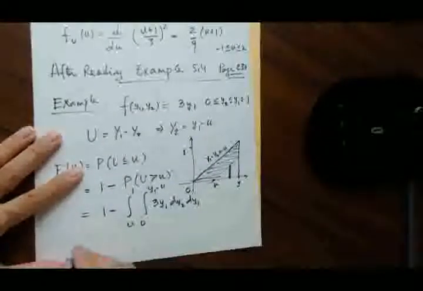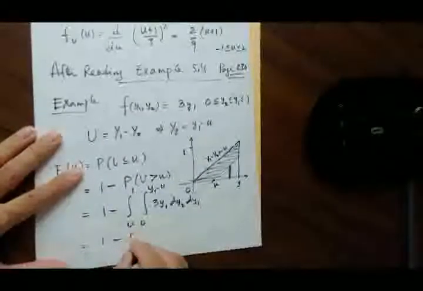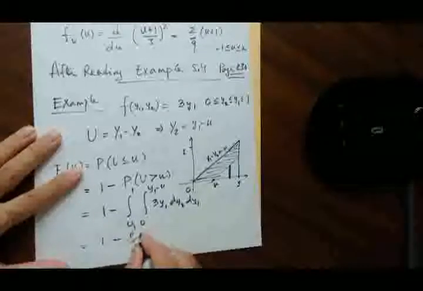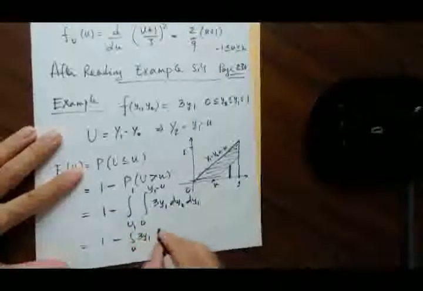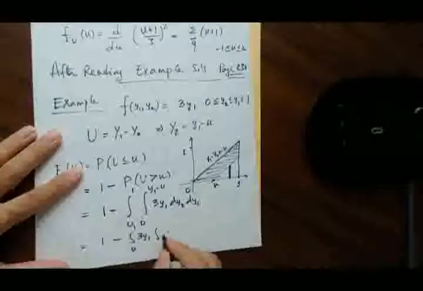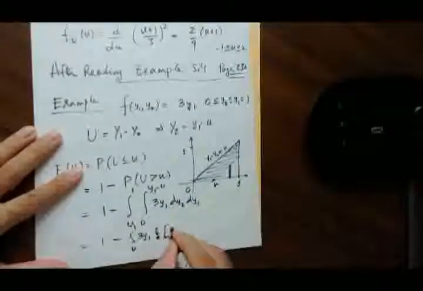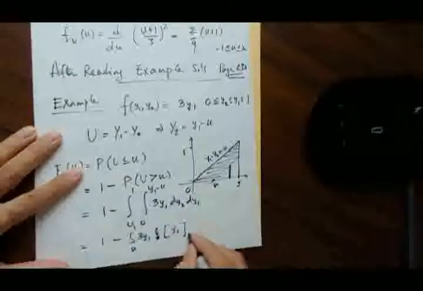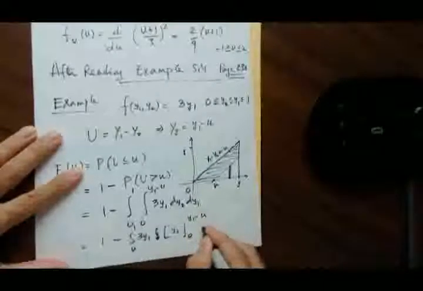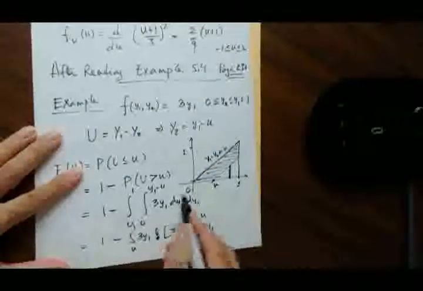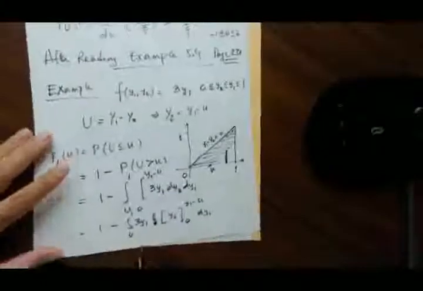And then if you do the integration here, 1 minus the integral from u to 1, I'm taking the 3y1 out. And from this one will be y2 from 0 to y1 minus u dy1. So I'm doing this integration first.